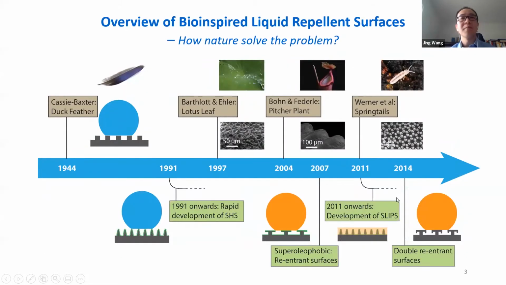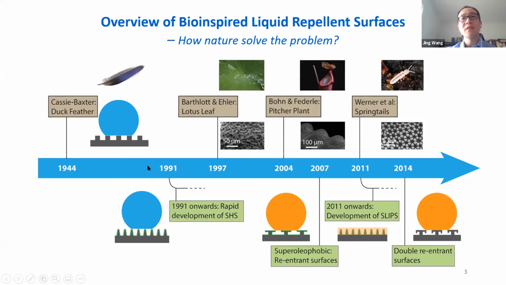People have been studying how to reduce interfacial adhesion for more than 100 years, starting from Young's equation. In later years, for example, Cassie and Baxter found the Cassie-Baxter relationship.